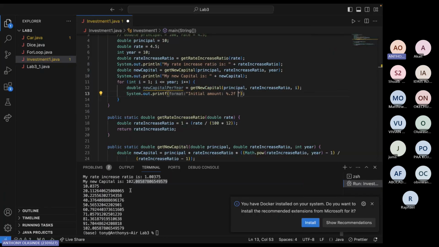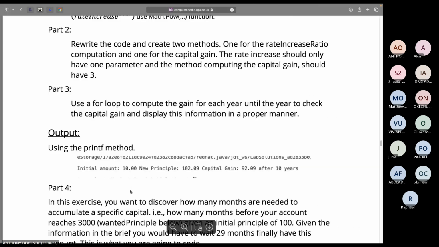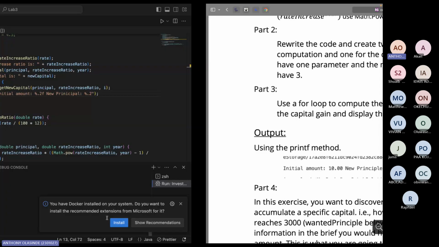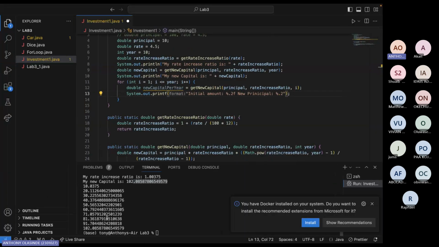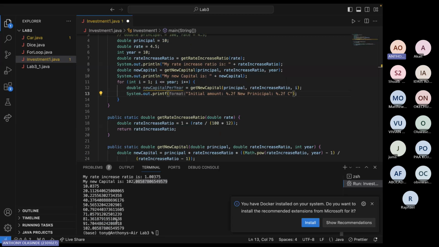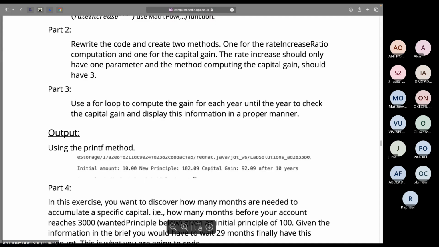Then new principal. We don't know that one yet. It's also 2 decimal places. That's fine. .2f. Then capital gain. Something we don't know that yet.